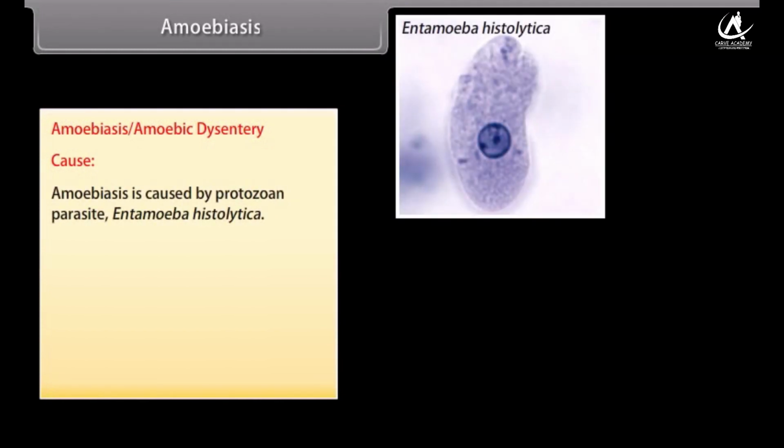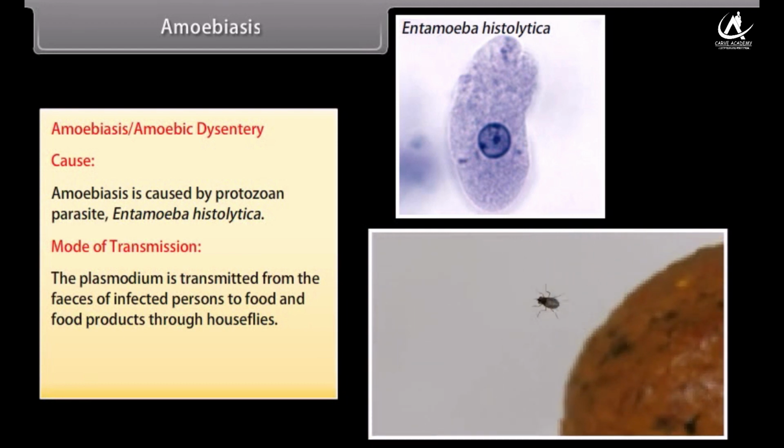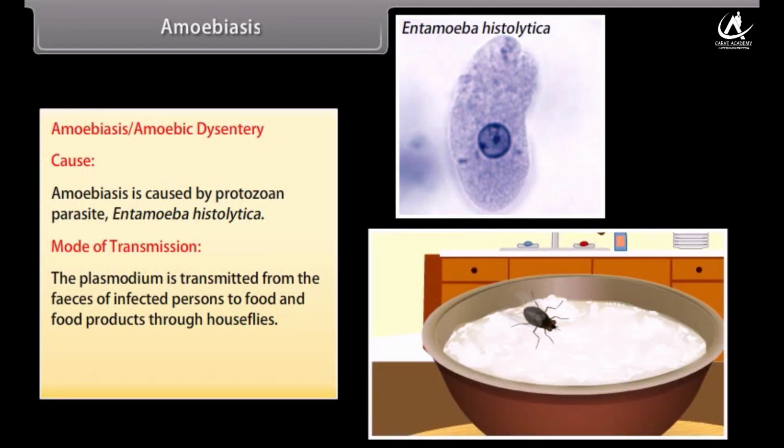Amoebiasis. Amoebiasis or amoebic dysentery. Cause. Amoebiasis is caused by the protozoan parasite Entamoeba histolytica. Mode of transmission. The parasite is transmitted from the feces of infected persons to food and food products through houseflies.